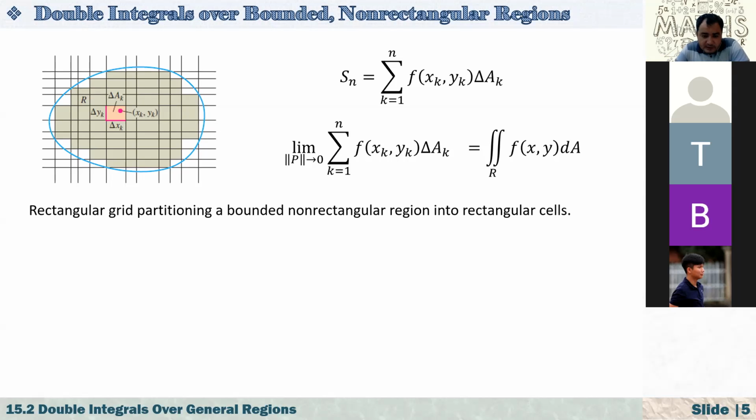As I repeatedly tell you, if you really understand the main idea of the definite integral for a function of a single variable, then here the idea is similar, we're just expanding it. When we defined a definite integral over the closed interval [a, b], we divided the interval into n small subintervals.